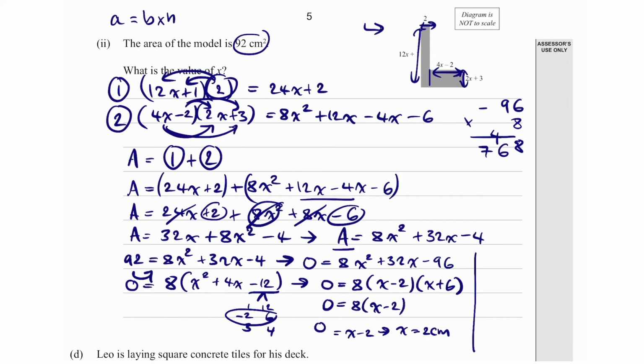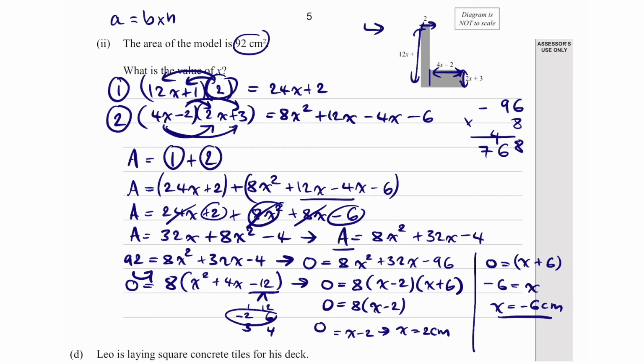For my second solution, I've got x plus 6. So, what's that? 0 is equal to x plus 6. Subtracting 6 from both sides, we get negative 6 is equal to x. So x is equal to negative 6 centimeters.